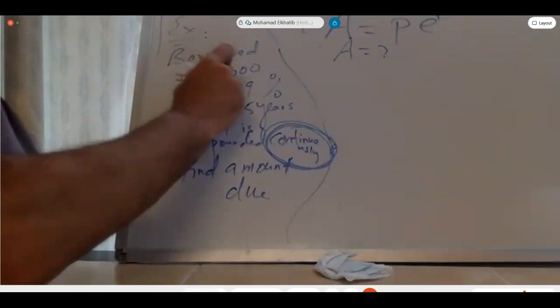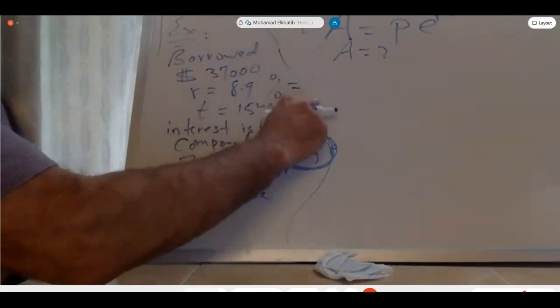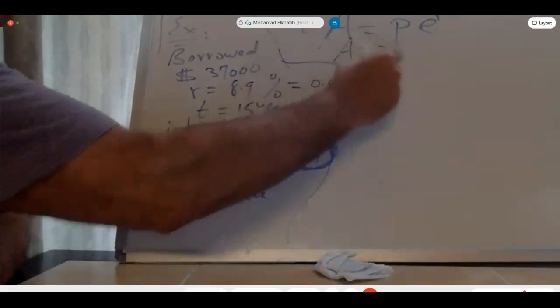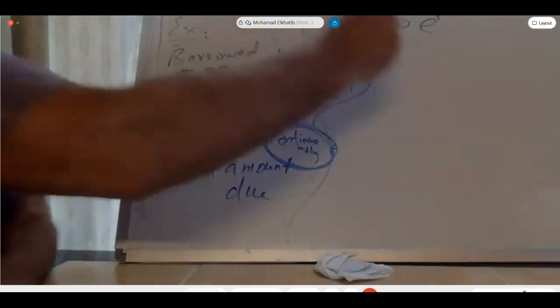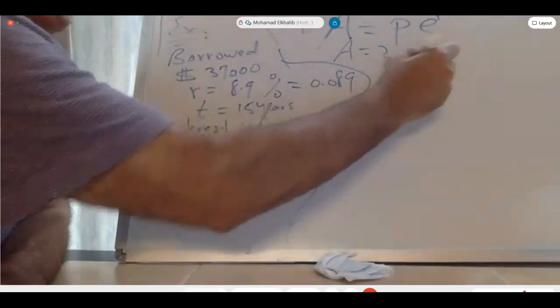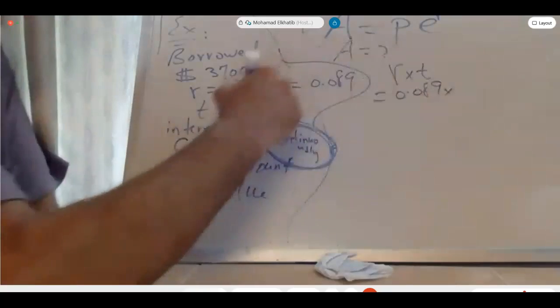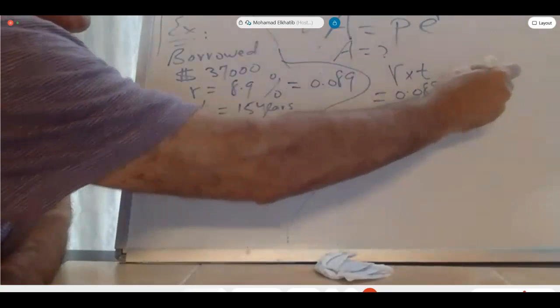Step one, I'm going to make the percentage of the rate a decimal, so I divide by 100. Are we good? Then I find R times T, the exponent. R is 0.089, and the time is 15 years.